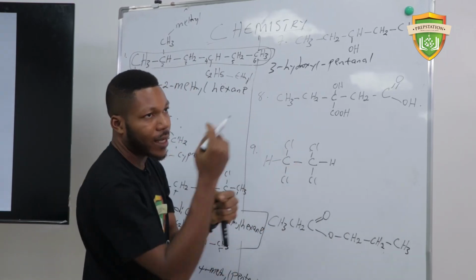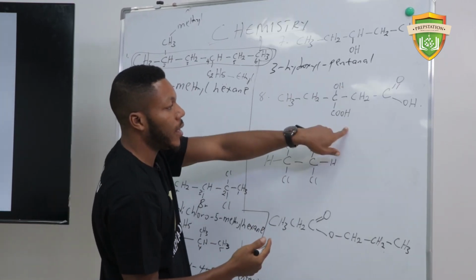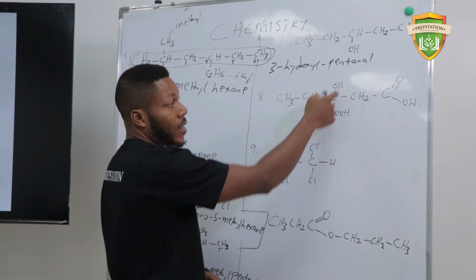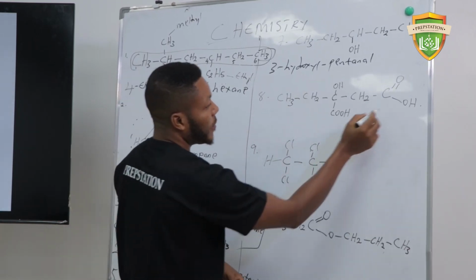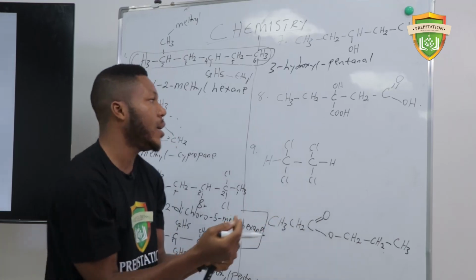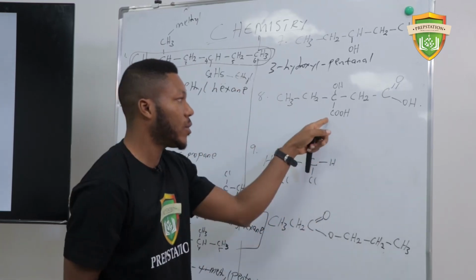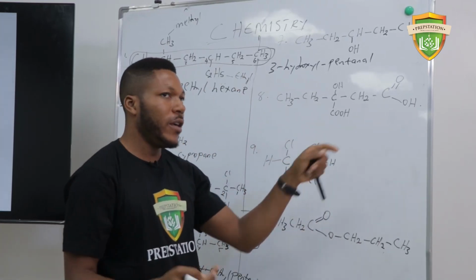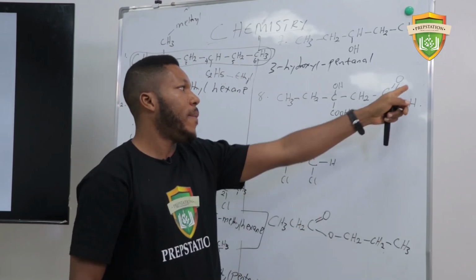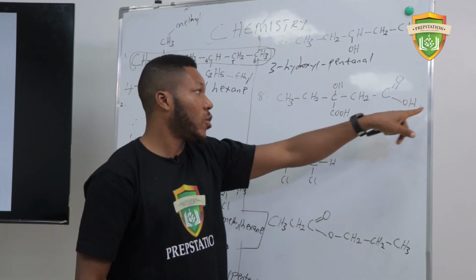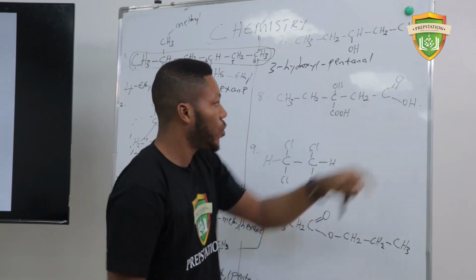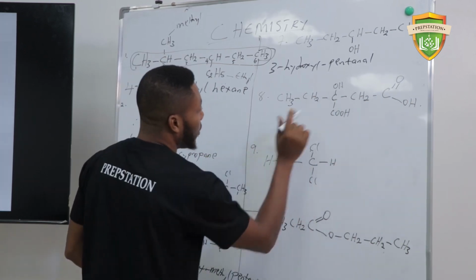Don't forget the alphabetical order. This is hydroxy, this is carboxylic. So carboxy comes before what? The hydroxy. Now, if this functional group happens to be a prefix, it is called carboxyl. If it is a suffix, it's called what? Carboxylic. So it's called what? Noic acid.